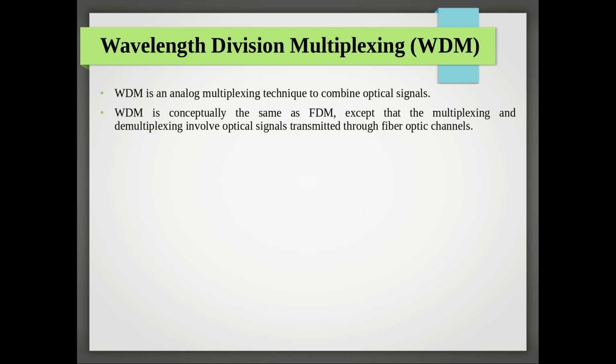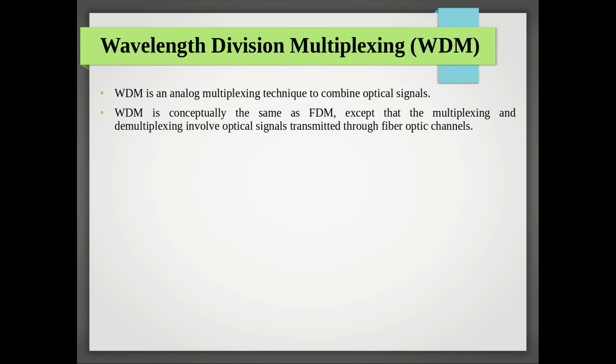So how is that multiplexing happening within a fiber optic channel, how are we efficiently sharing the available capacity of the fiber optic channel? That is what is called wavelength division multiplexing.